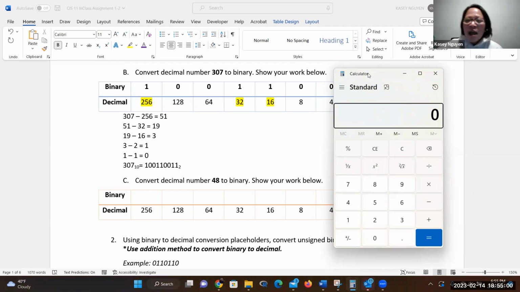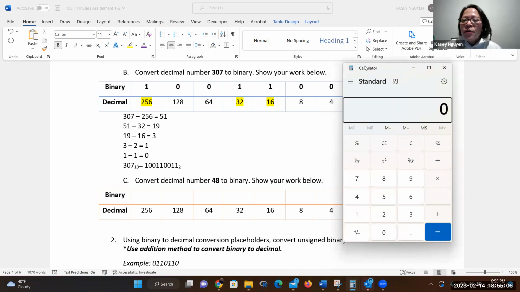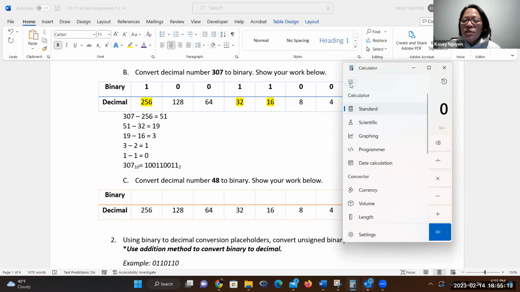But there's also an app on your smartphone to have a programmer calculator. Your calculator has different modes. Normally you see the standard mode. Some of you would use scientific mode for your math classes. So I can choose different modes here. I can also use a graphing calculator.